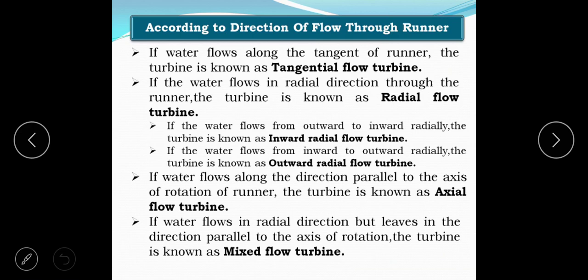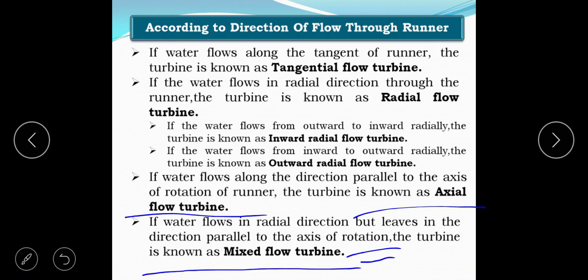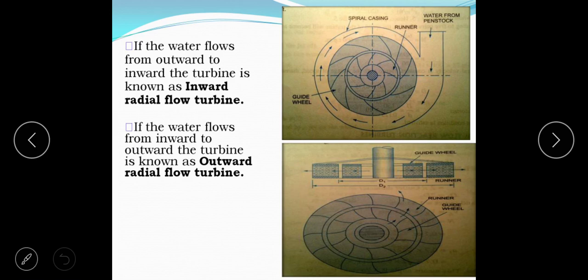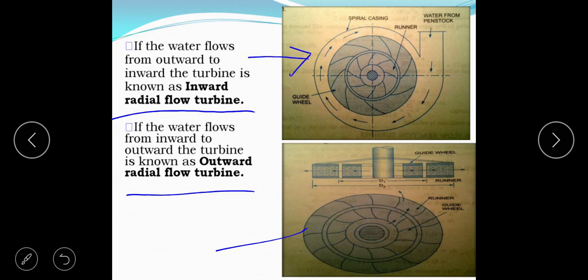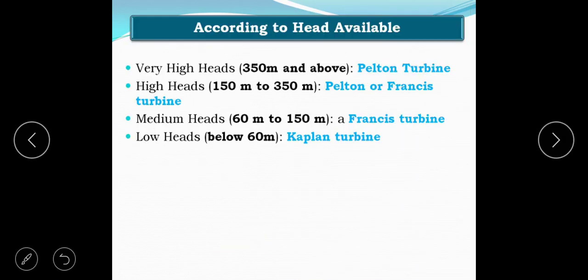If water flows along the direction parallel to the axis of rotation of the runner, the turbine is called an axial flow turbine. If water flows in radial direction but leaves in the direction parallel to the axis of rotation, the turbine is known as mixed flow turbine. Both are given along with the sketch.